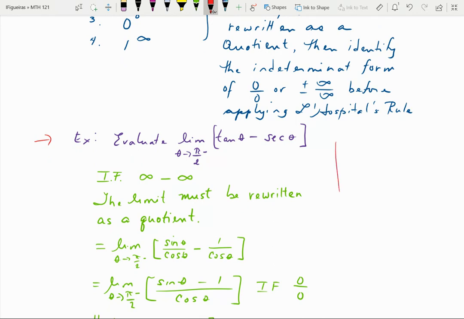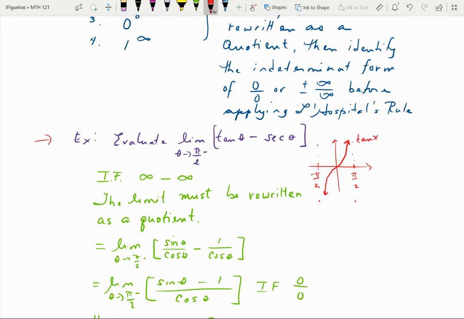Now, it really helps if you know your graphs for these types of functions. So tangent is undefined at pi over 2. So when you are on the left side of pi over 2, tangent is approaching infinity.